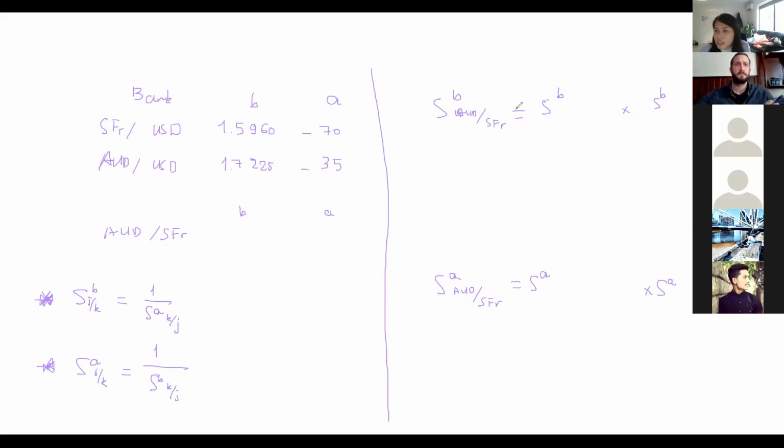Okay, so let's start with the bid rate. So can someone complete the first formula for me? I think it would be 1.7225 times 1 divided by 1.5970. Yeah, times 1 over.